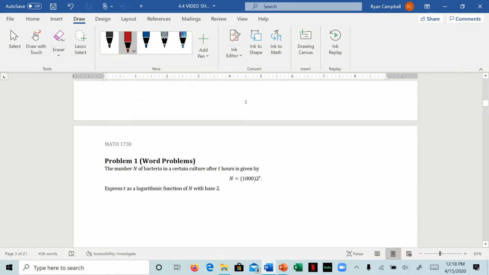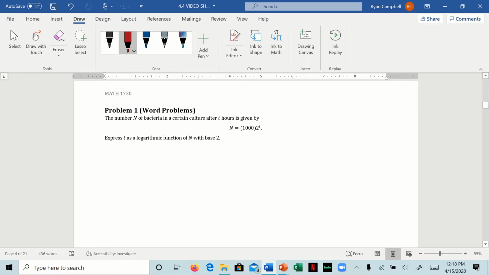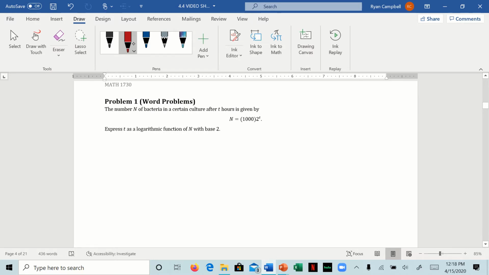All right. So let's do a quick word problem. The number of bacteria for a certain culture after t hours is given by this formula. Express t as a logarithmic function of n with base 2. If it says express t as a function, then we need to make sure it's t equals. So we can put the n on the other side: 1000 times 2 to the t equals n.